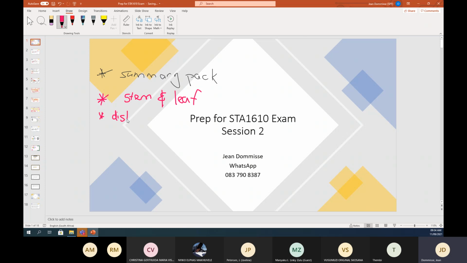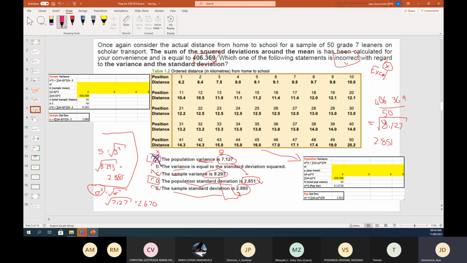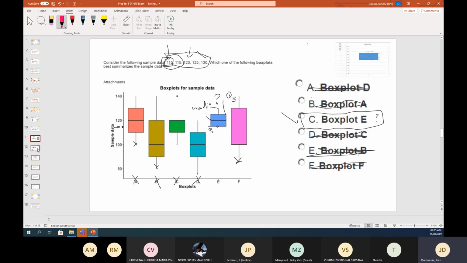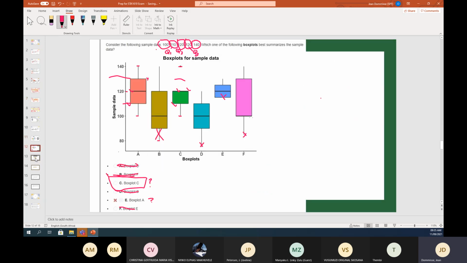I'm just writing notes for myself. I haven't seen it in your questions, except that one where they had the mean, median and mode symmetric. I want to add one question on whether it is a positive tail, skewed to the left or skewed to the right, so we cover that as well.